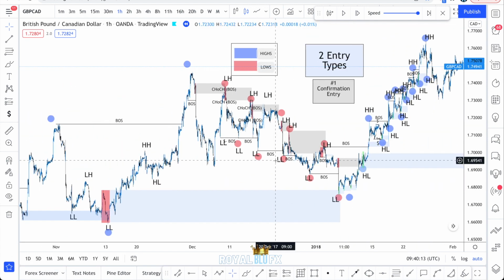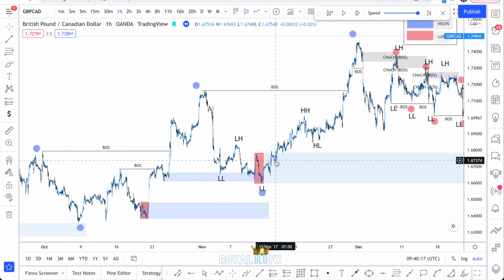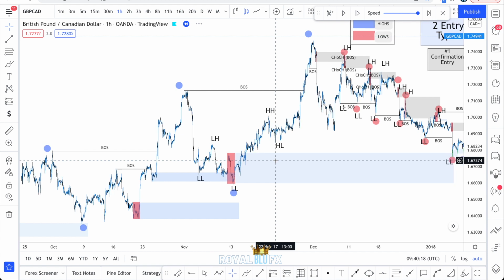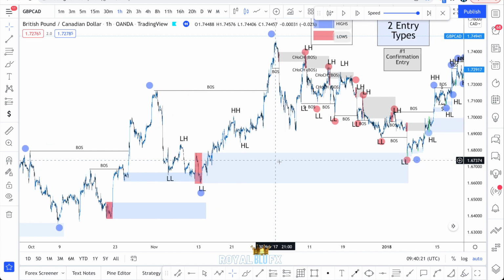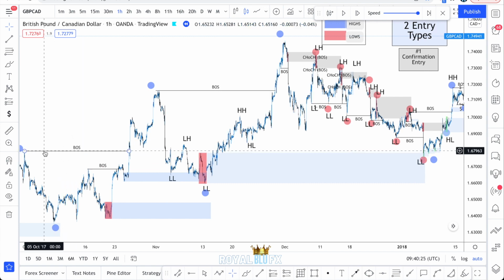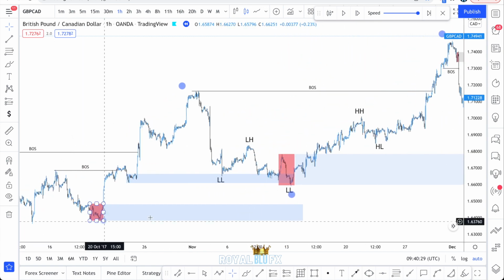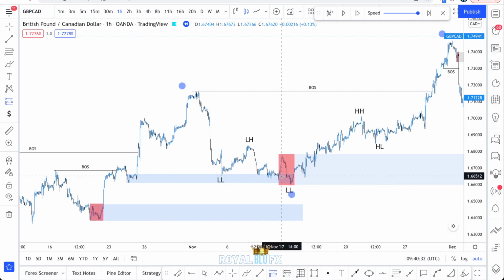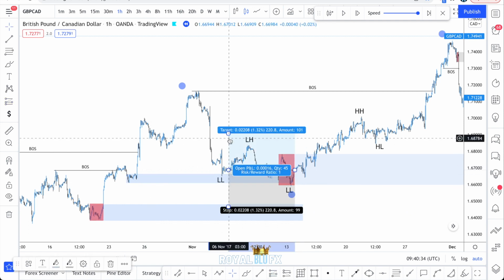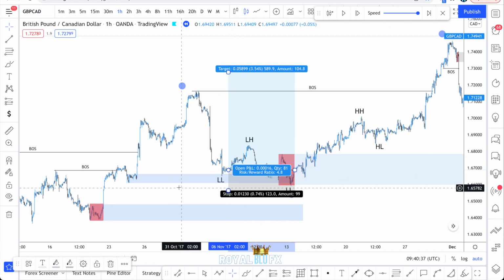All right, let's look over here to the left side kind of quickly. You can see once we had price break structure, this area right here, let's zoom in here, we had two areas to look for potential buys, right? As a risk entry, you can see you'd be exposing yourself to too much risk, right?